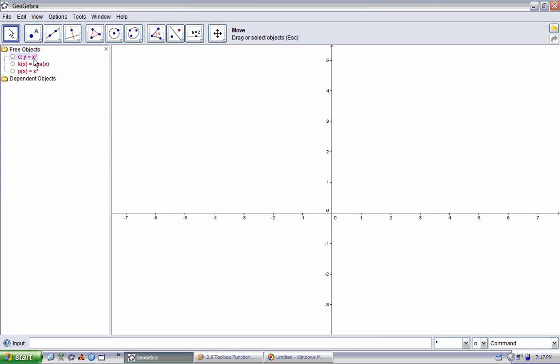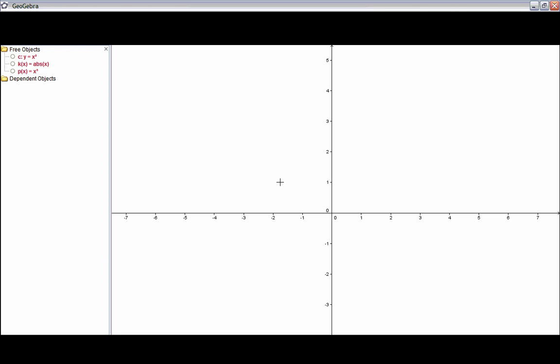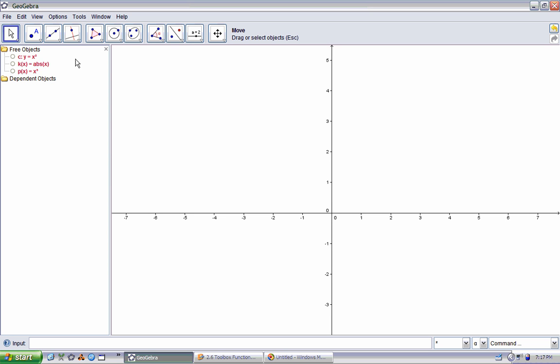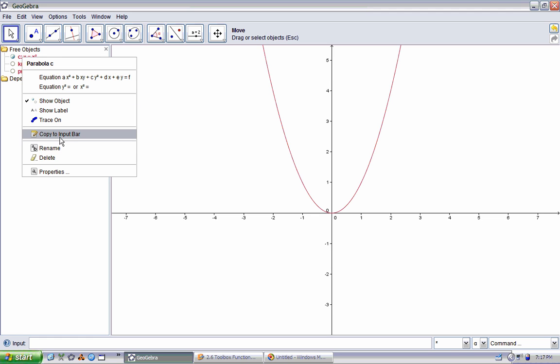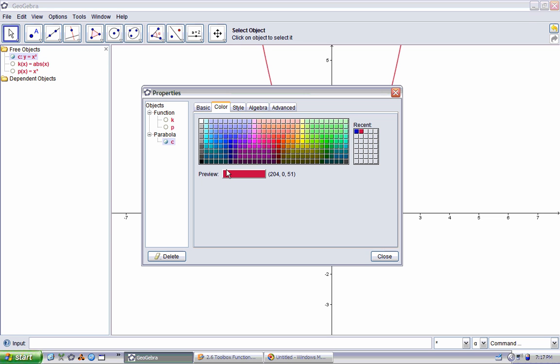Quickly here, what I would like to do is take a look at this on a graph. So quickly here, I'll just load it up. Here is the graph of x squared. Seems a little confusing because I had it in blue, so I'll just change that really quickly here.